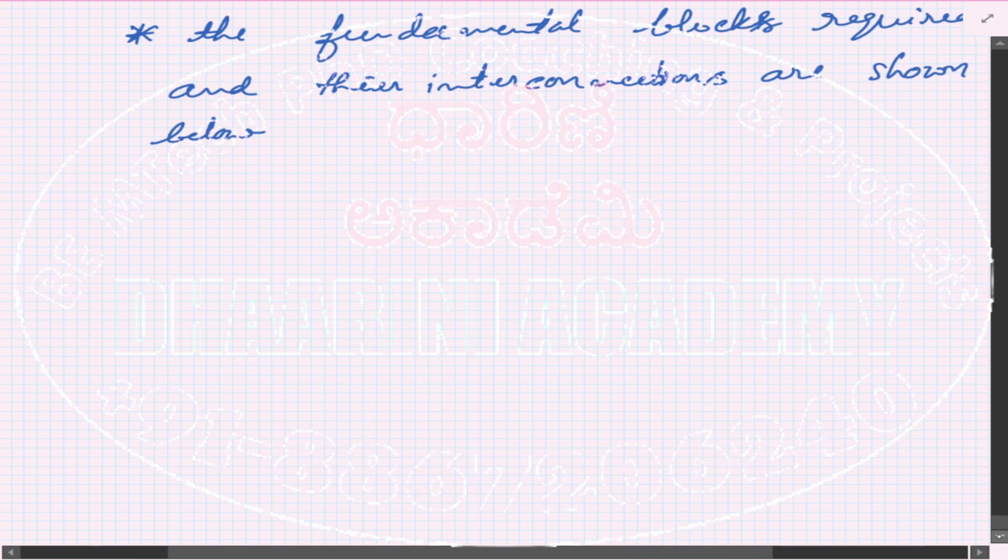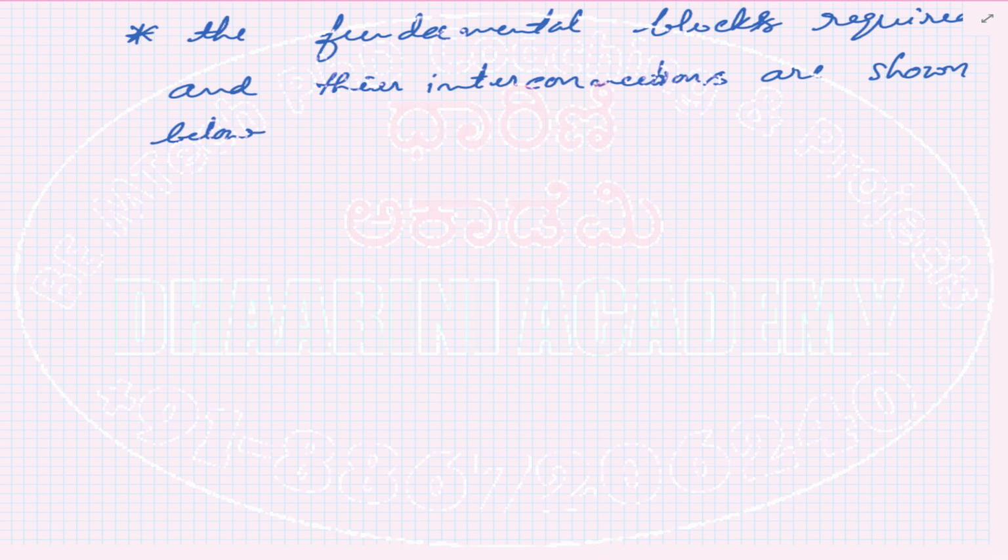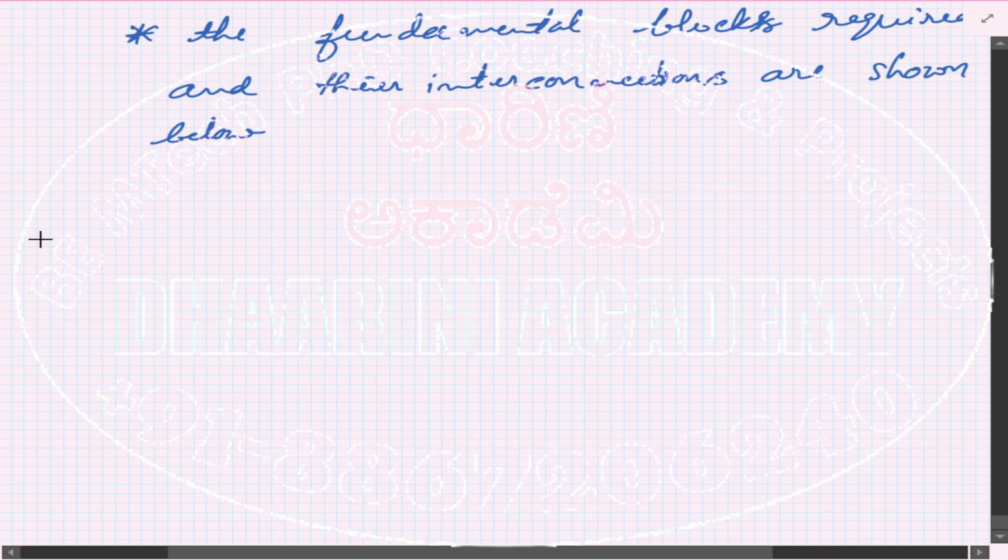Now we'll draw a block diagram showing what the different components required are. Okay, the first block is the control block, or I can call it a control unit.